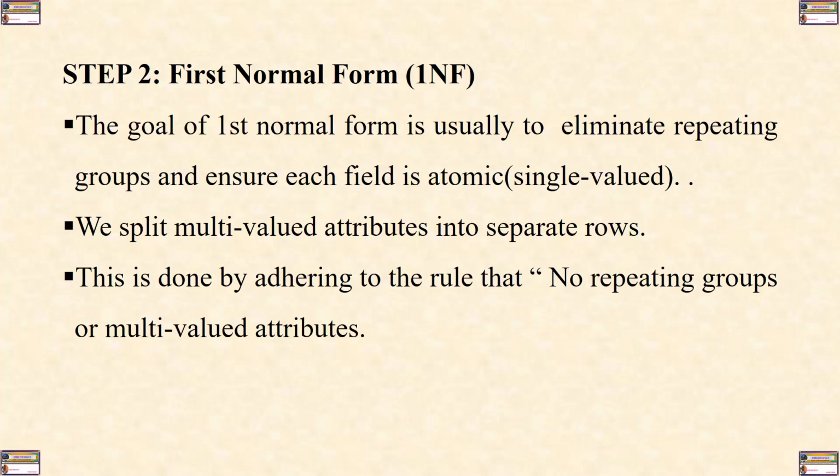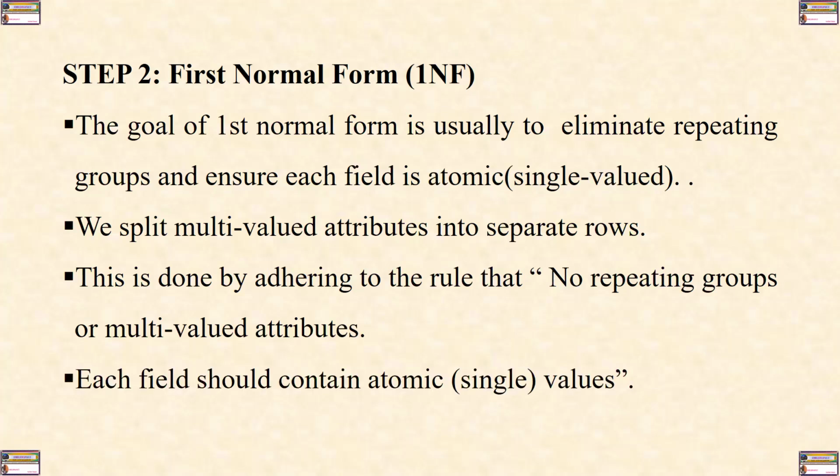This is done by adhering to the rule of the first normal form, which is that no repeating groups or multi-valued attributes should occur in a single field. Each field should contain atomic values, a single value per field.